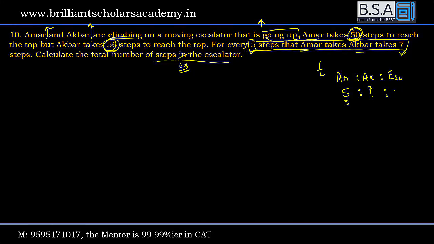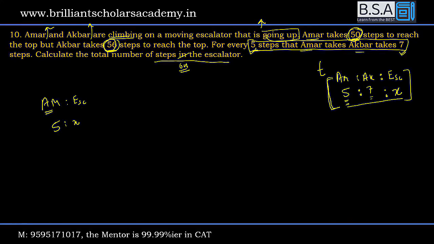In the same time, the escalator will take X. By assuming this, you have brought down this question to 3 steps. देखो कैसे? When I focus on Amar's journey, what is the comparison of Amar and the escalator? Amar and escalator, the ratio is 5:X.